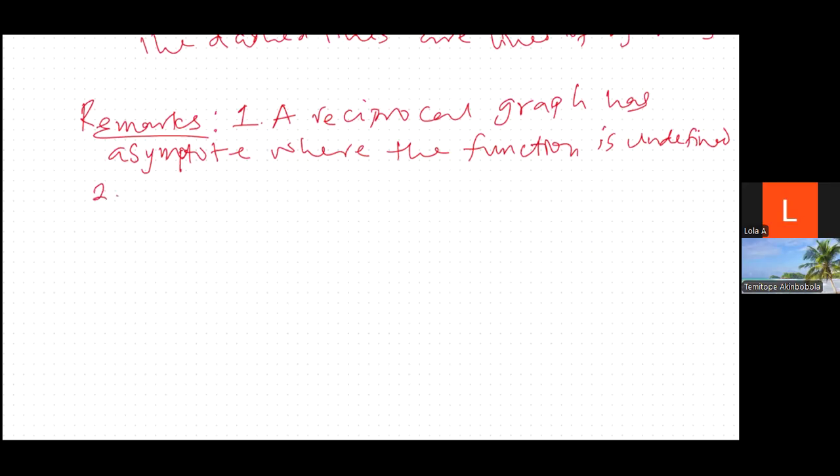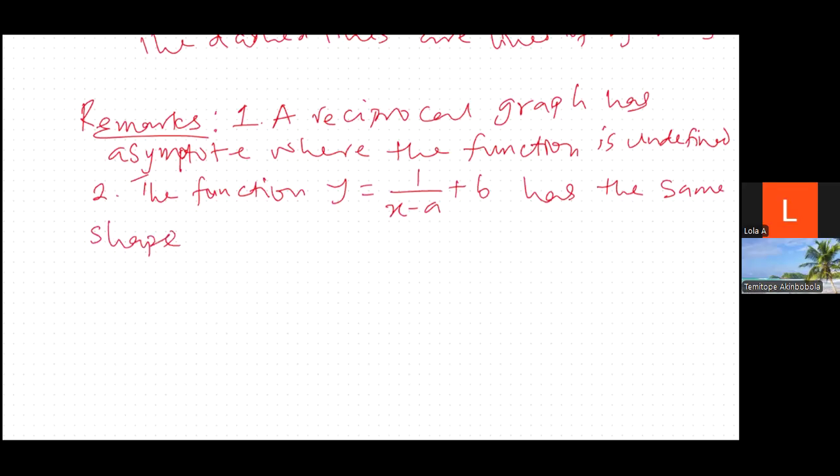Now, number two, the function y equals 1 over x minus a plus b has the same shape as y equals plus or minus 1 over x, but with different asymptotes.